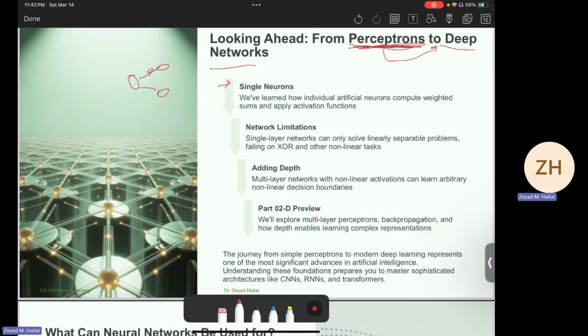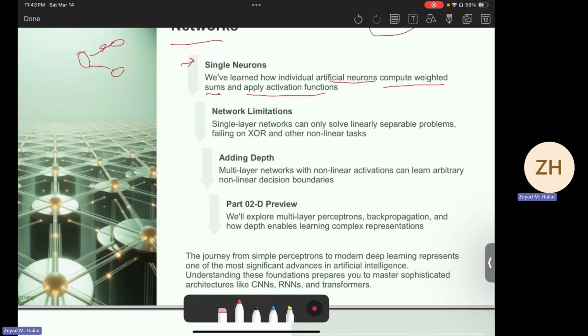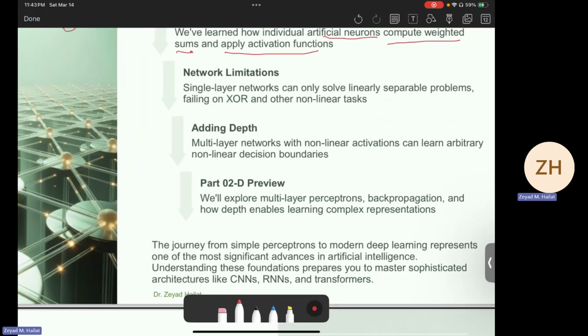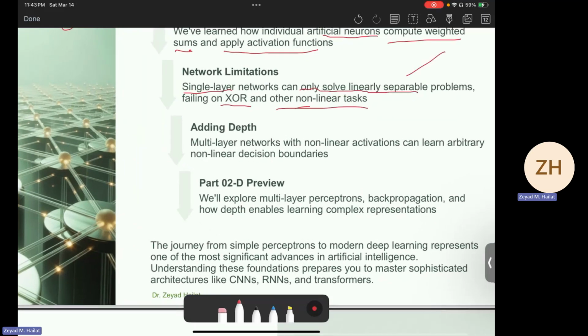We learned how individual artificial neurons compute a weighted sum and apply the activation function. Now, the network limitation: a single-layer network can only solve linearly separable problems, which are very simple, failing on XOR and any other non-linear task, which is very common.